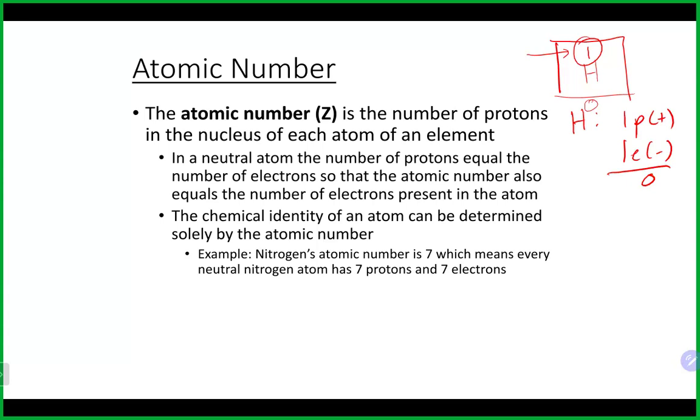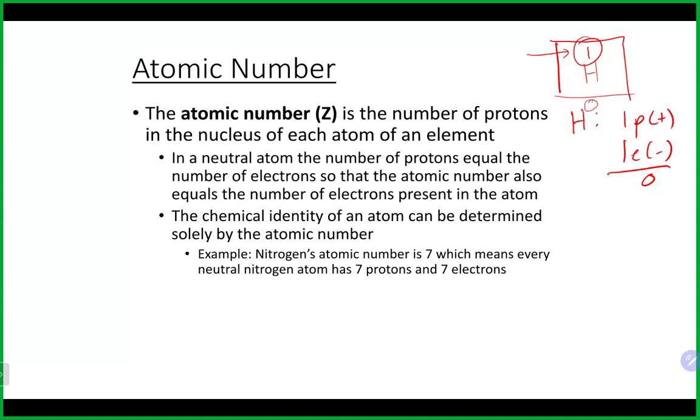If you look at the periodic table, or if you have a periodic table at your desk, you will see that every element on the periodic table has its own unique atomic number. So the atomic number, which is the definition of protons, or how many protons something has, is unique to every element.